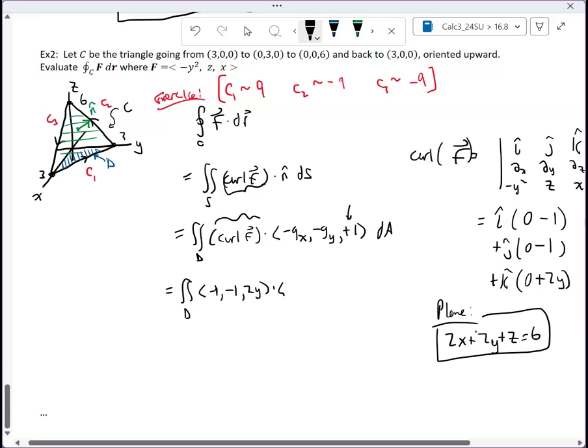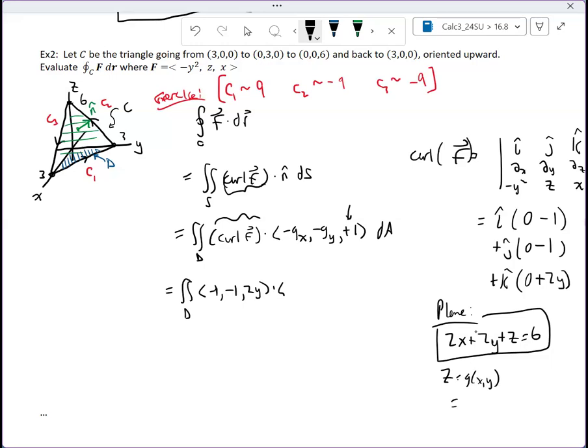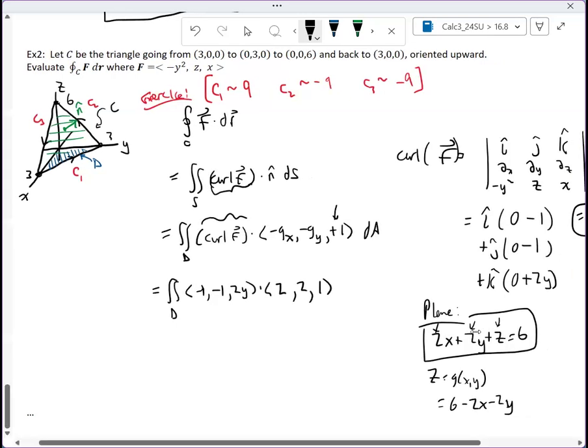And then, of course, negative dg/dx. So here we have z equals g of x, y is 6 minus 2x minus 2y. So negative dg/dx is -(-2), which is 2, negative dg/dy is 2, and then 1 from up above. Or we could just pull out the normal directly from the equation, however you want to go about it. dA.